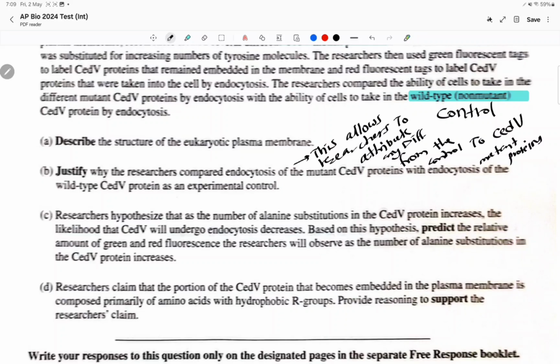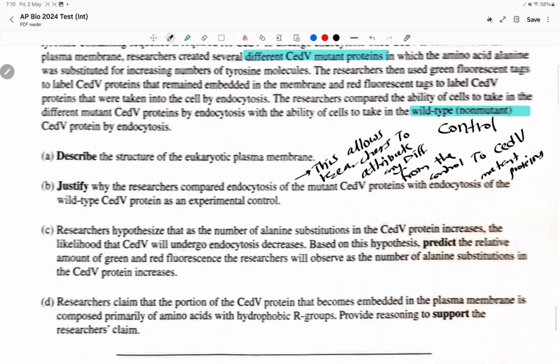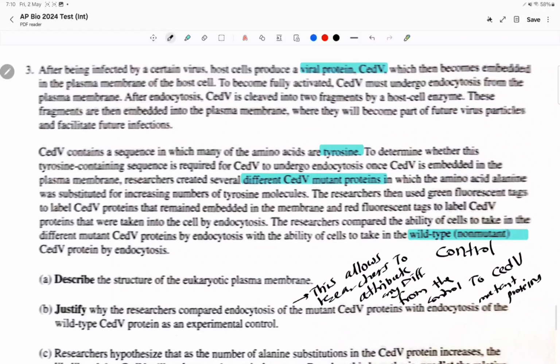C. Researchers hypothesize that as the number of alanine substitutions in the SETV protein increases, the likelihood that SETV will undergo endocytosis decreases. Based on this hypothesis, predict the relative amount of the green and red fluorescence the researchers will observe as the number of alanine substitutions in the SETV protein increases. So green will be more, because green means what?